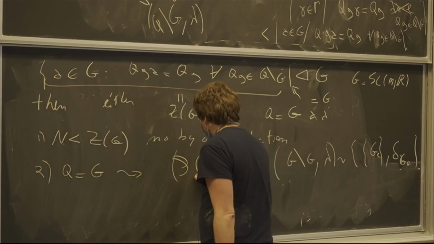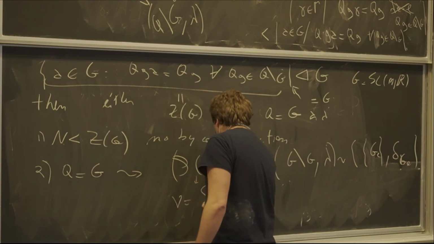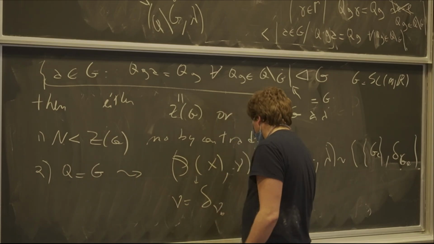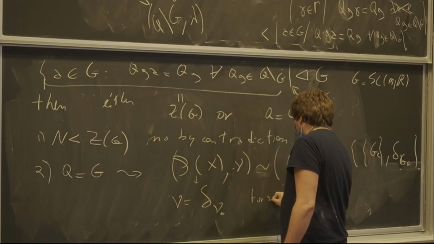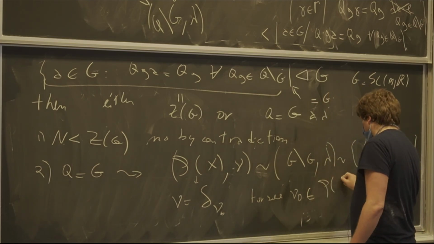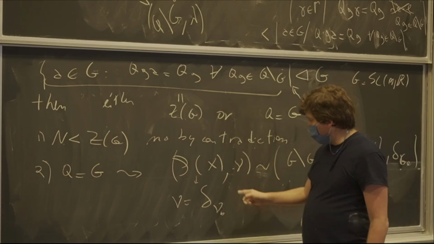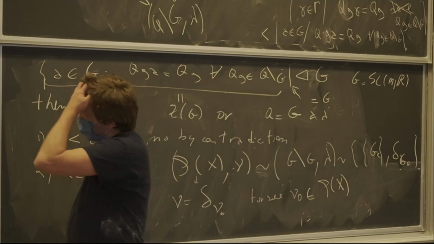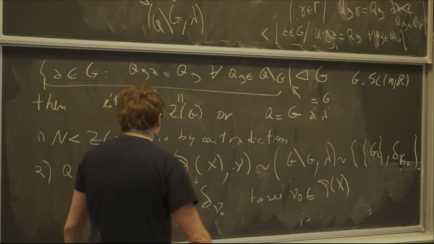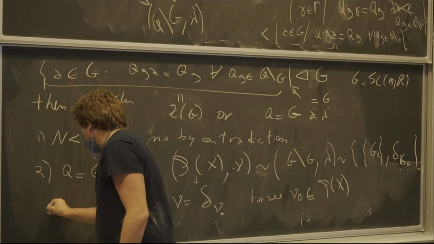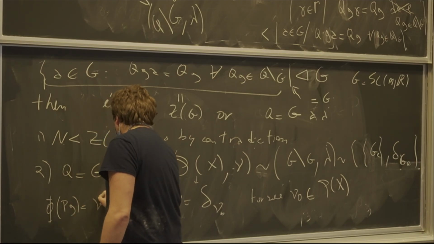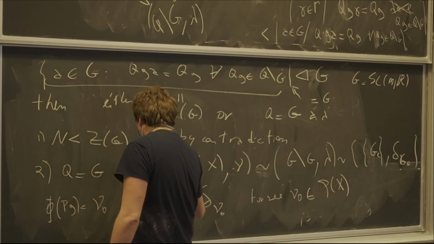So it means that nu is delta at some nu naught in P of x. And I have the alpha gamma invariant property there. So I have that phi of Pg is equal to nu naught for almost every g.